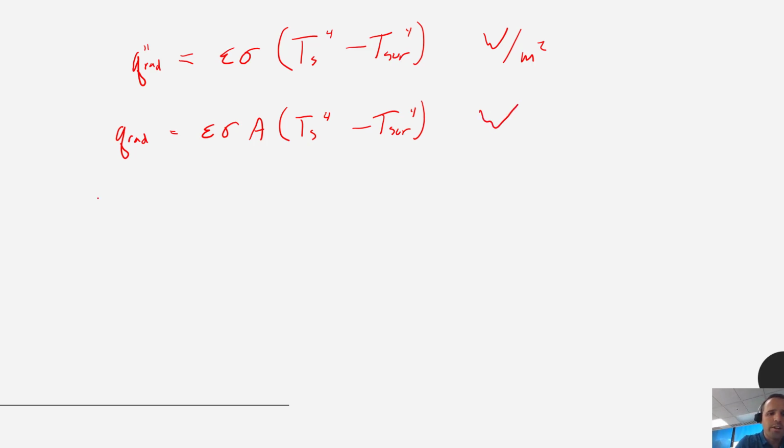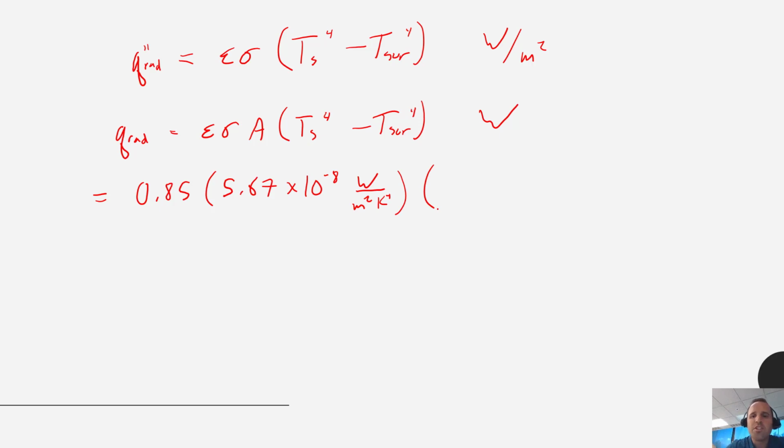So let's go ahead and plug and chug. This is equal to 0.85, which is our emissivity, multiplied by the Stefan-Boltzmann constant, which is 5.67 times 10 to the minus 8, and it has units of watts per meter squared per Kelvin to the fourth.